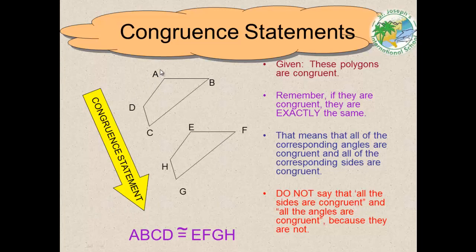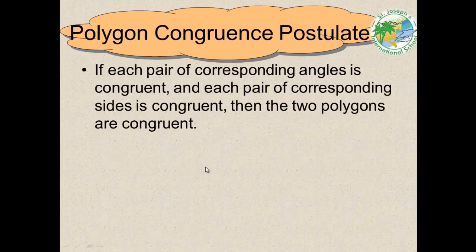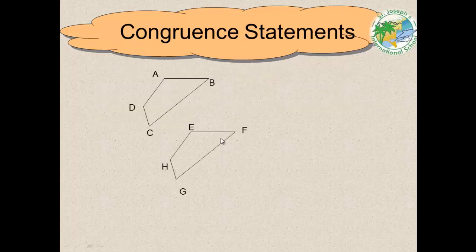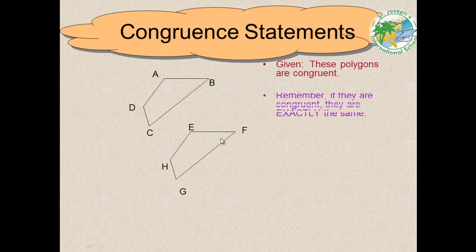A, B, C, D congruent with E, F, G, H. Again, Prep 1, the conditions for polygons to be congruent: if each pair of corresponding angles is congruent and each pair of corresponding sides is congruent, then the two polygons are congruent.